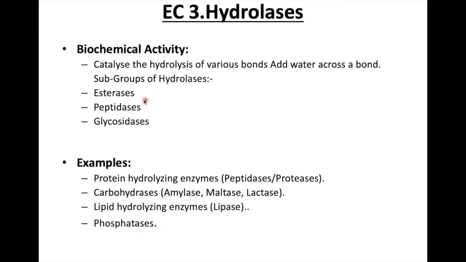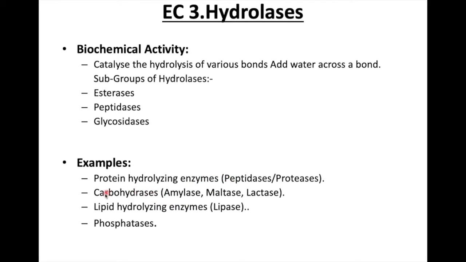If the substrate is esters, then it is known as esterases. If the substrate is peptides, then it is known as peptidases. If it is glycosides, then it is known as glycosidases. If this category of enzyme acts on the peptides of proteins, then it is known as a protein hydrolytic enzyme.